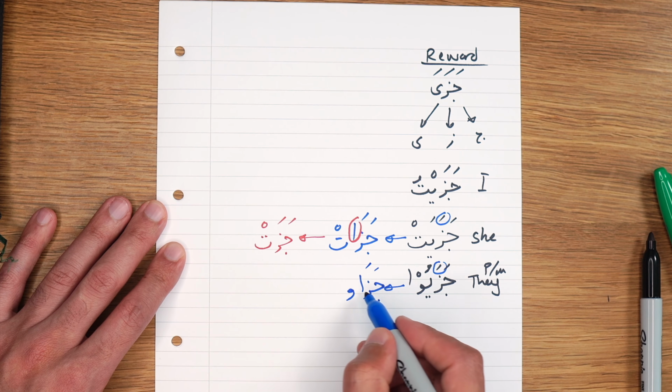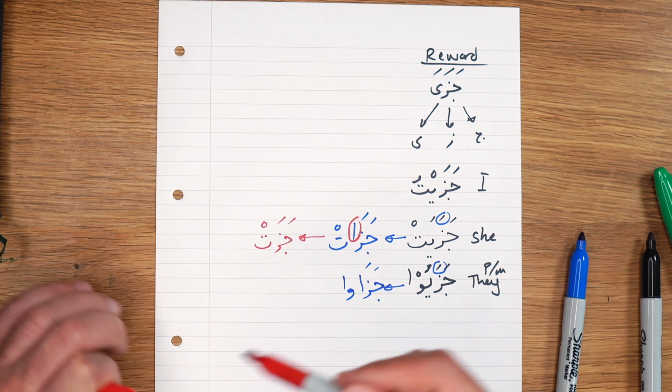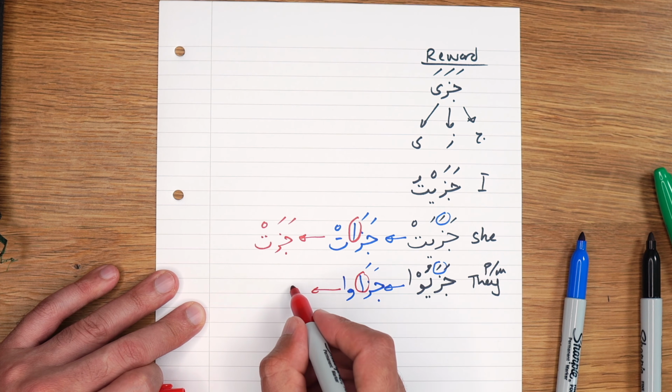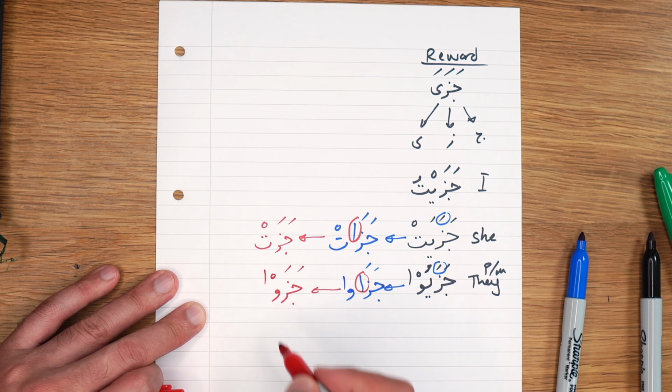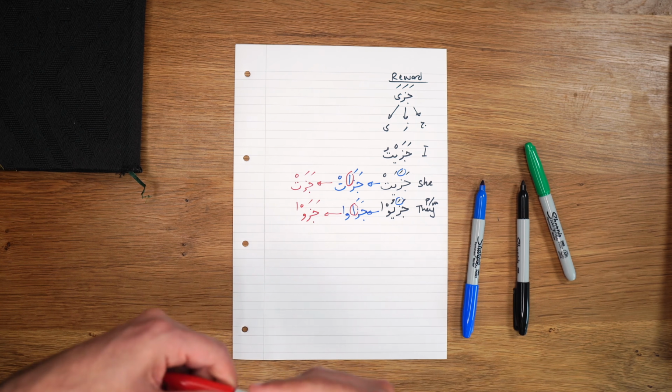You can't have that. So you're going to get rid of the alif and you've got jazaw. A lot of these rules are very straightforward.